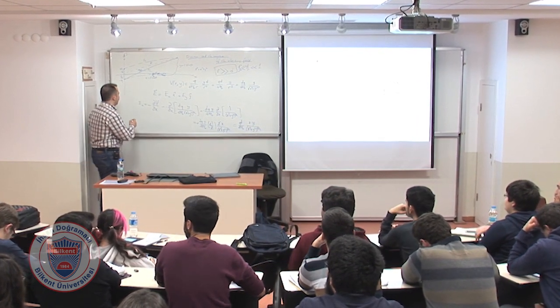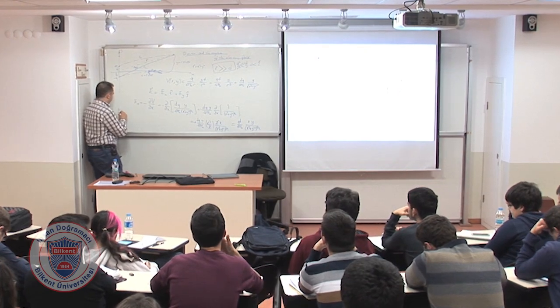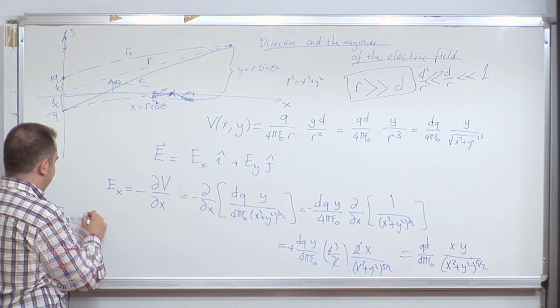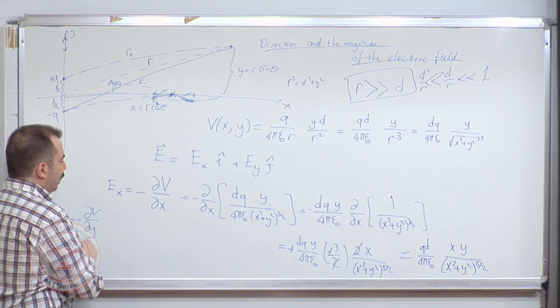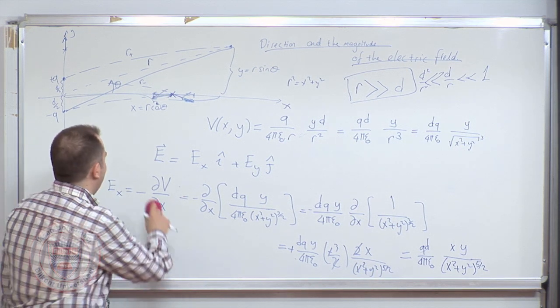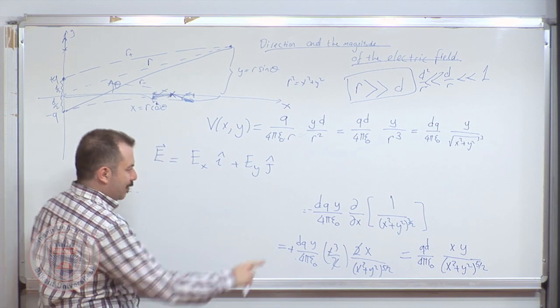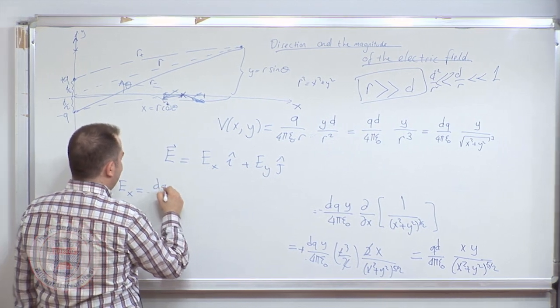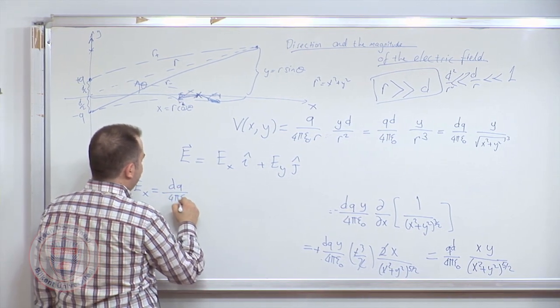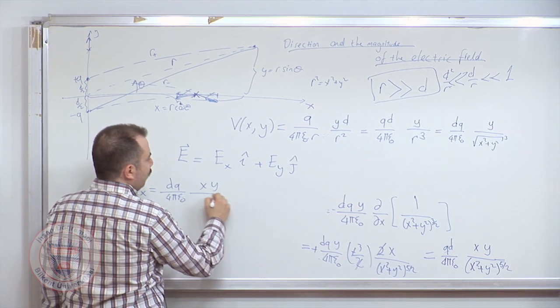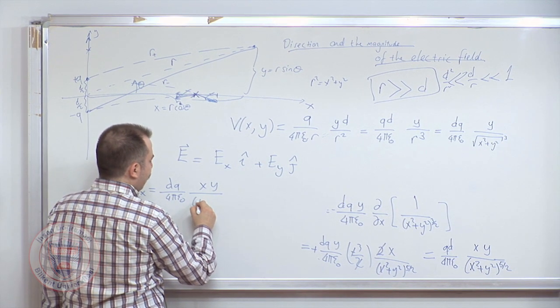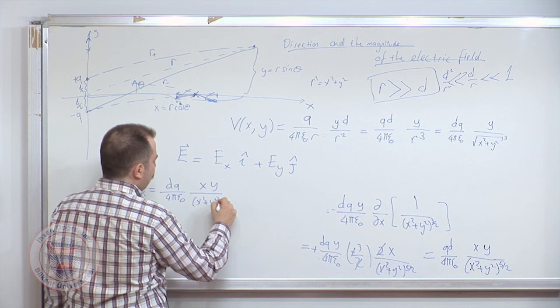Let me take a derivative with respect to y also. And for that, I will just replace this whole thing with the answer dq over 4 pi epsilon 0 xy divided by x squared plus y squared to the 5/2.